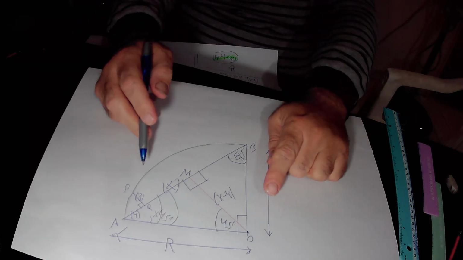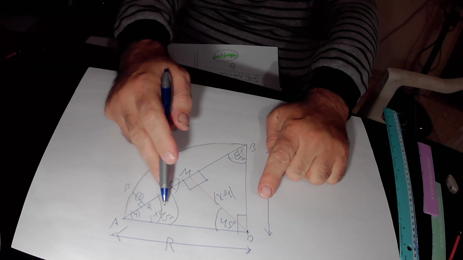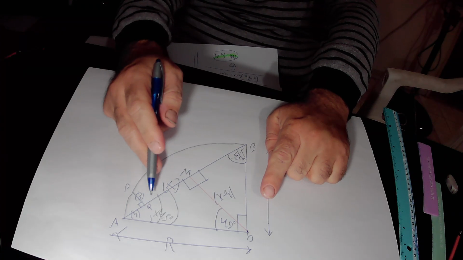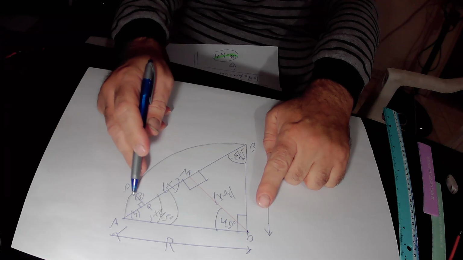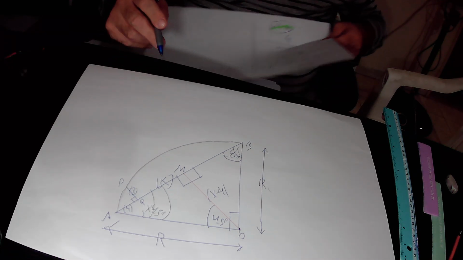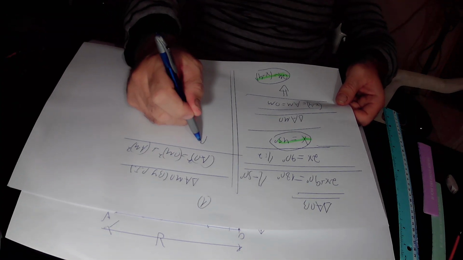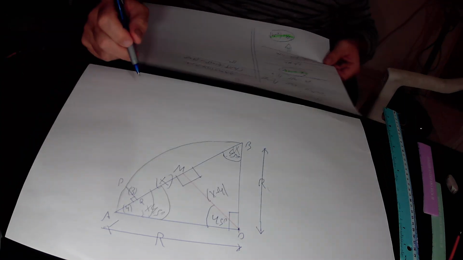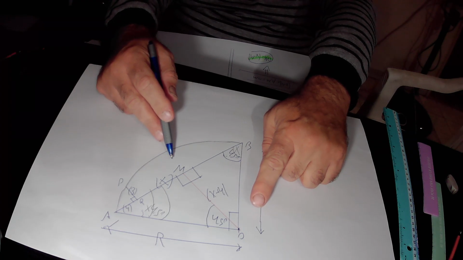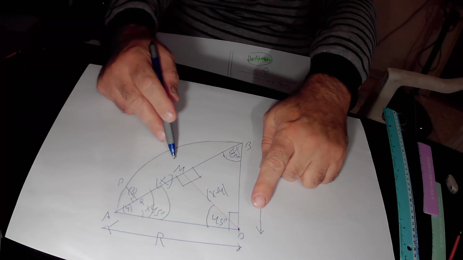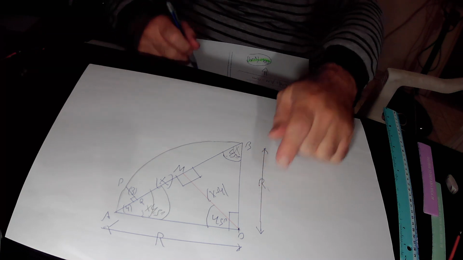Actually, AO equals R, it is the radius of the quarter circle. If AO equals R, then it means that AO squared equals R squared. And R squared equals OM squared. OM equals x plus 4, therefore OM squared equals x plus 4 squared.